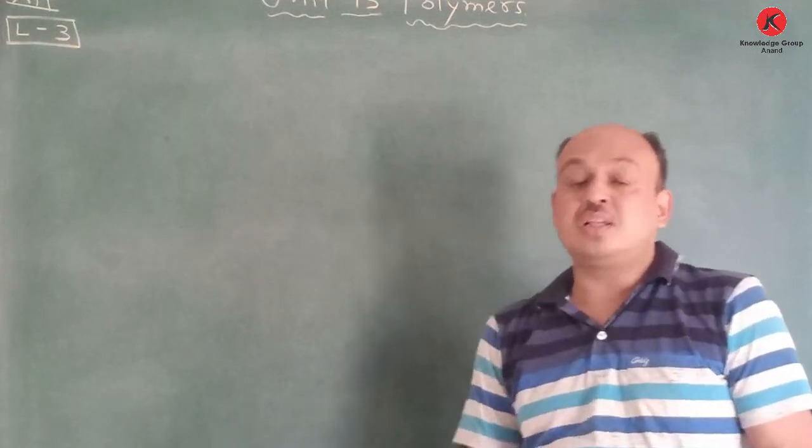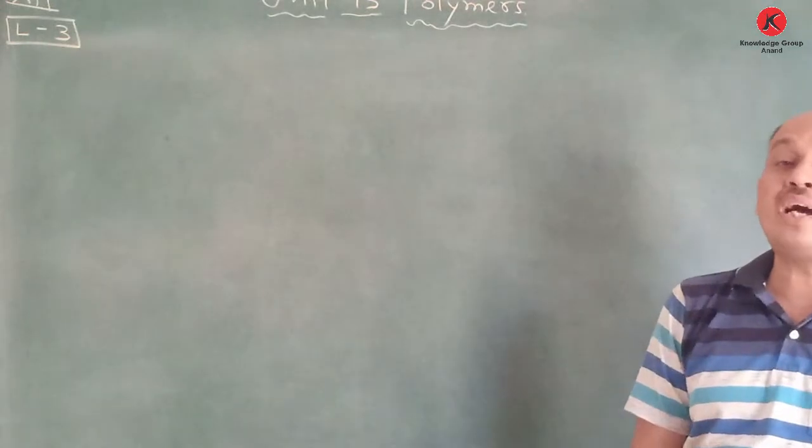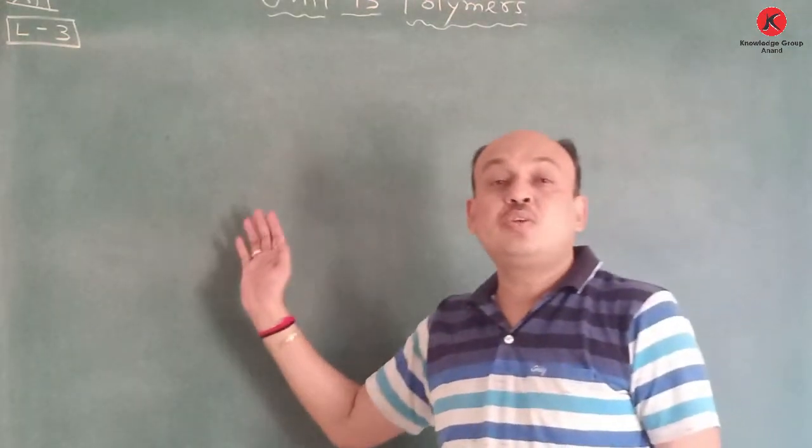Another polymer is Buna S. Buna S contains two monomers.